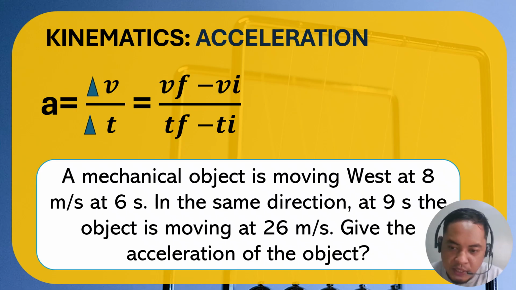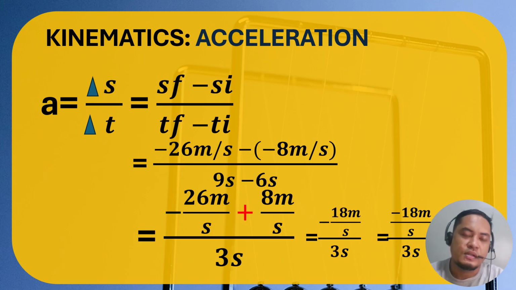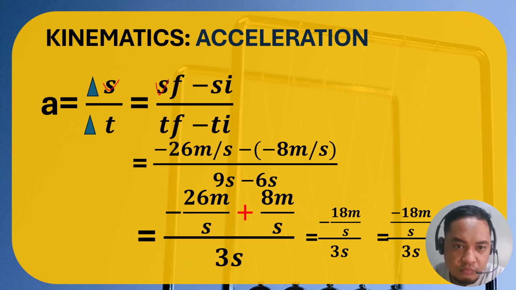Okay, so we have the formula, and we have to input everything there. In this case, we will be using V for velocity. So our final velocity is negative 26. It's negative because it's going westward.